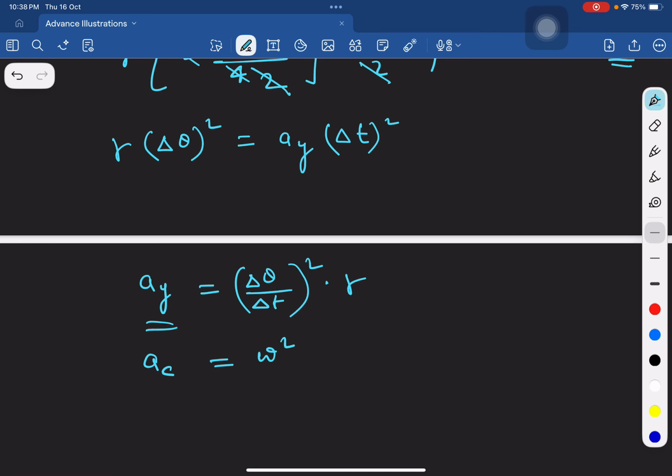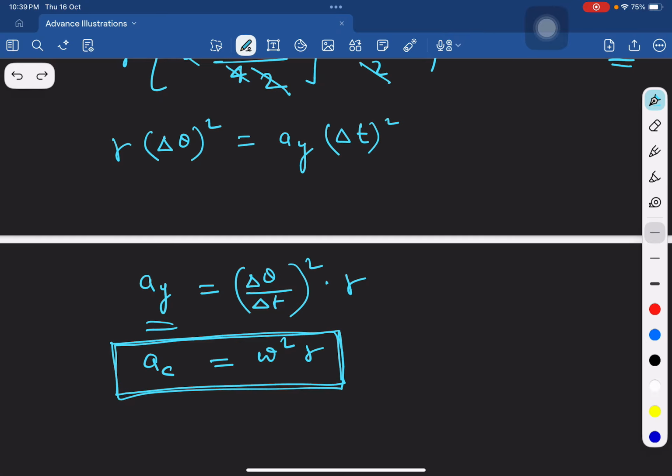So it is omega squared r. So what we can say is that if your force is able to provide this much, if the force acting on a body is this much, try to understand the centripetal condition.